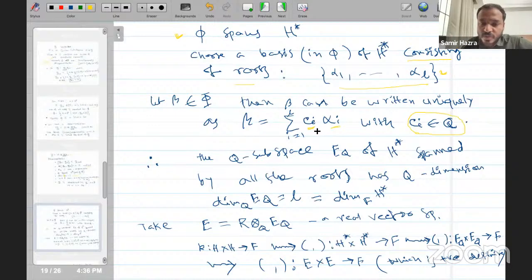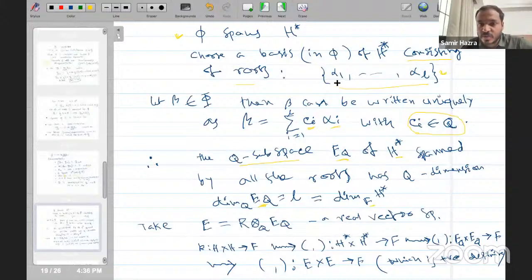Once we can do this, then if we consider the Q subspace, which is called E_Q, of H star, which is spanned by all the roots alpha 1 till alpha L, then we get a Q vector space, called E_Q here. Then the dimension of E_Q over Q is, of course, L, which is the dimension of H star over the original field F. Why?